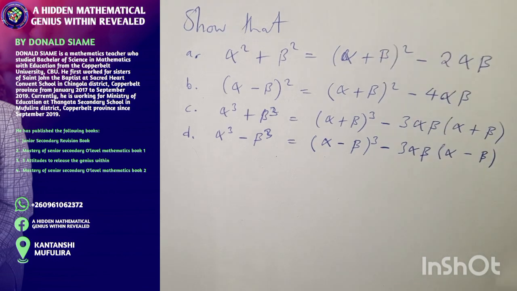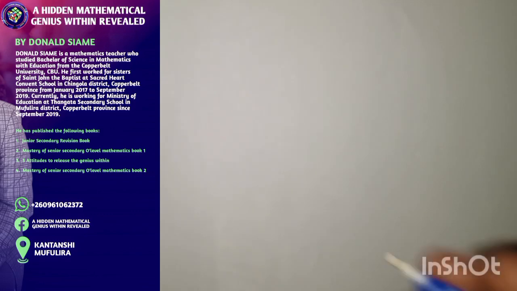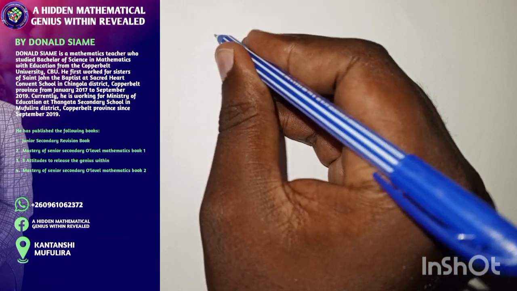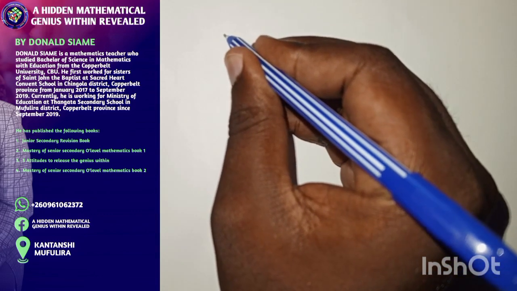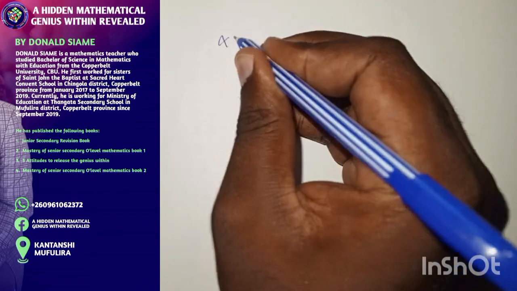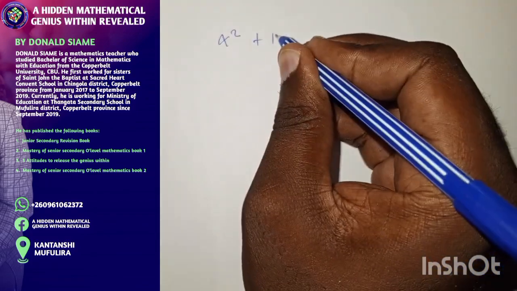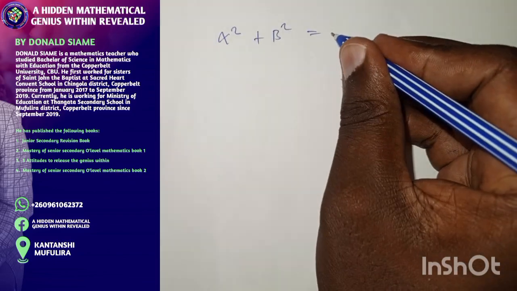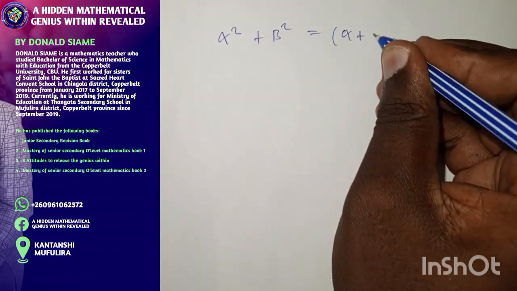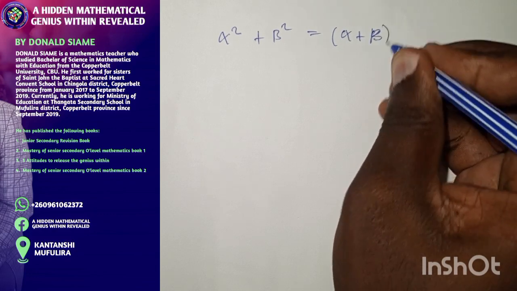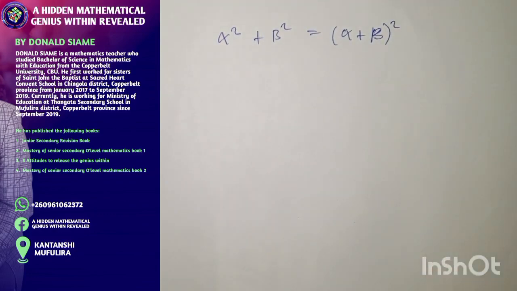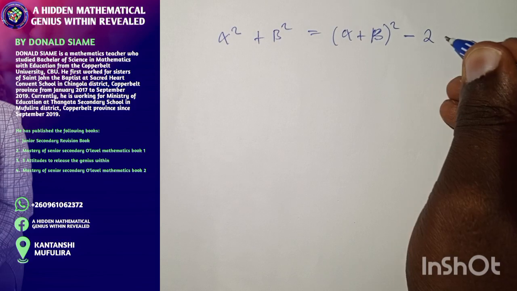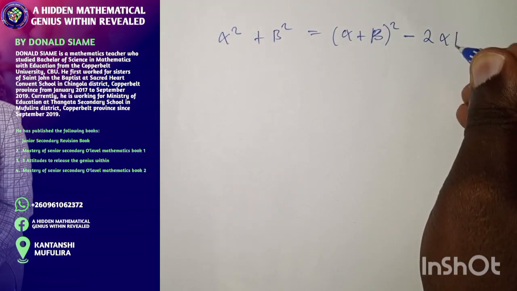We want to show that alpha squared plus beta squared is equal to the square of alpha plus beta minus 2 alpha beta.